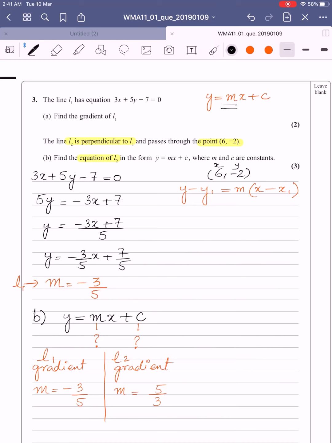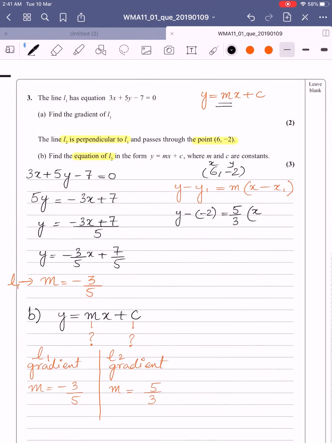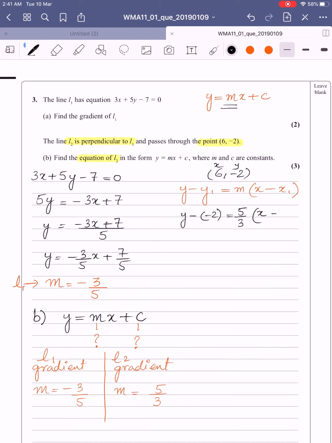So we will plug in for y1 negative 2, so we have y minus negative 2. For m we will plug in 5/3, and for x1 we will plug in 6. Alright, so now we have y plus 2 is equal to 5/3 into x minus 6.